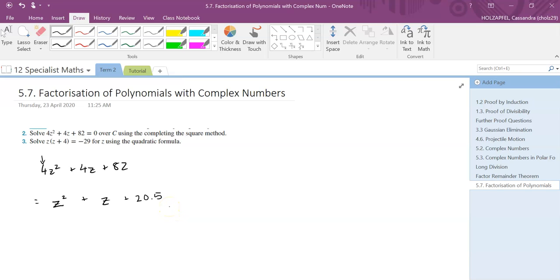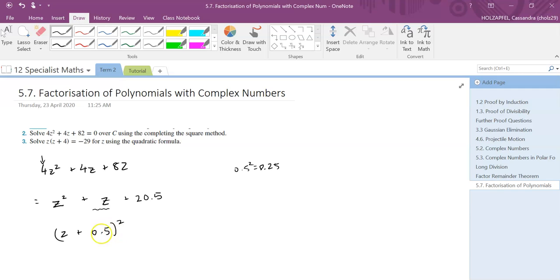Okay. So now, using the completing the square method, we're going to halve this coefficient out the front. So this is going to give us z plus 0.5. Then I'm going to square it. Now, to complete this square, I would have had to add 0.5 squared, so 0.5 squared is 0.25.